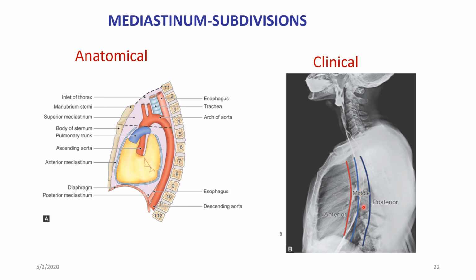In this radiological picture, you can see the anterior mediastinum in front of this shadow trachea, and then behind it will be the middle mediastinum, and in relation with the bodies of vertebra will be the posterior mediastinum. Now you know the subdivisions of the mediastinum.